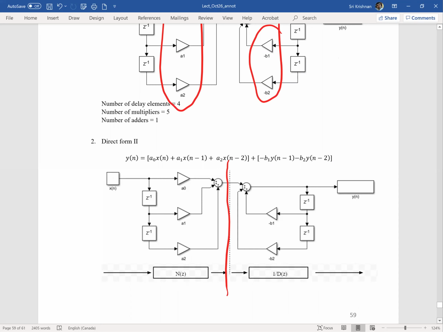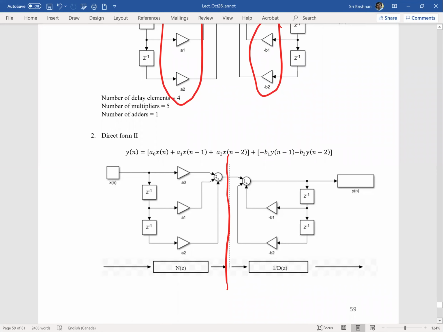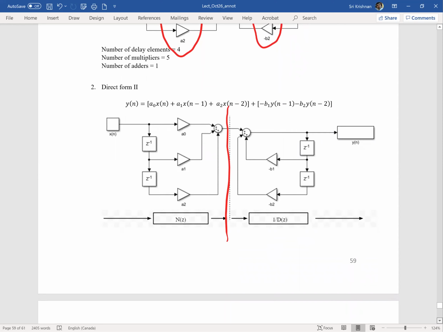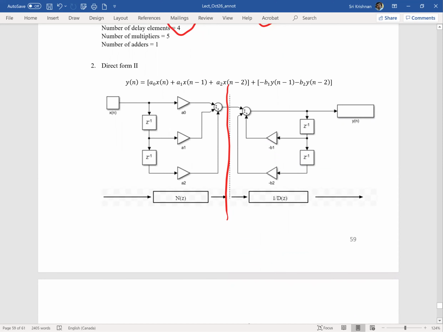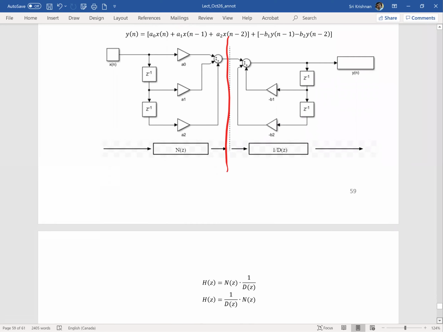Now, what that allows us to do is that, given that the filter, I mean, we could always write the numerator and the denominator, and we can also transpose them. In other words, if I show the next diagram, it will be clear.